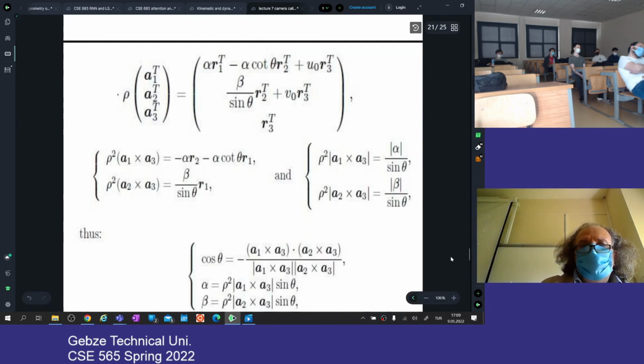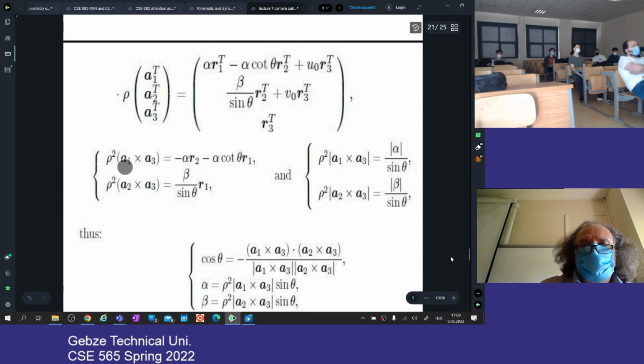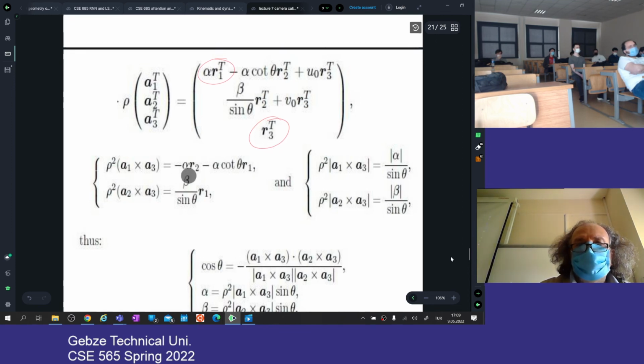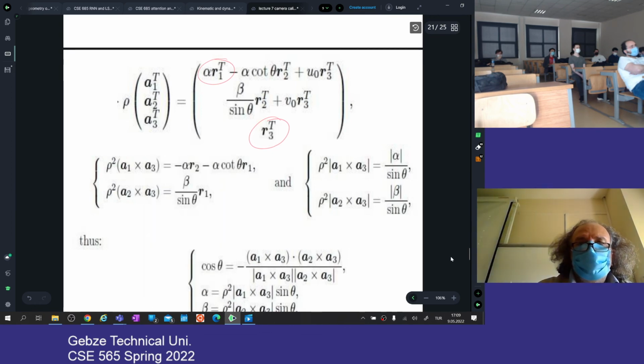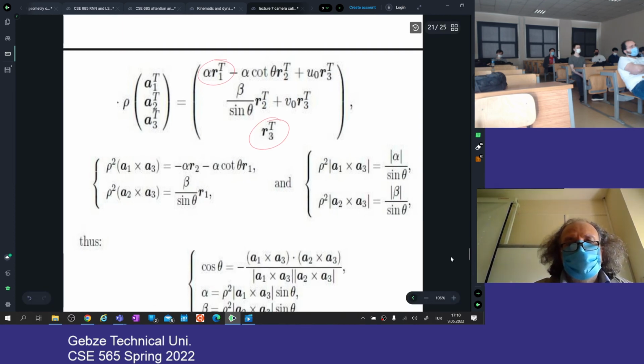If I multiply A1 with A3, this one with this one, using the cross product. So A1, A3, R3, R1 is going to give me minus R2, alpha times minus R2. R3, R2 is going to give me R1, minus alpha cotangent theta R1, and R1 and R3 is 0.